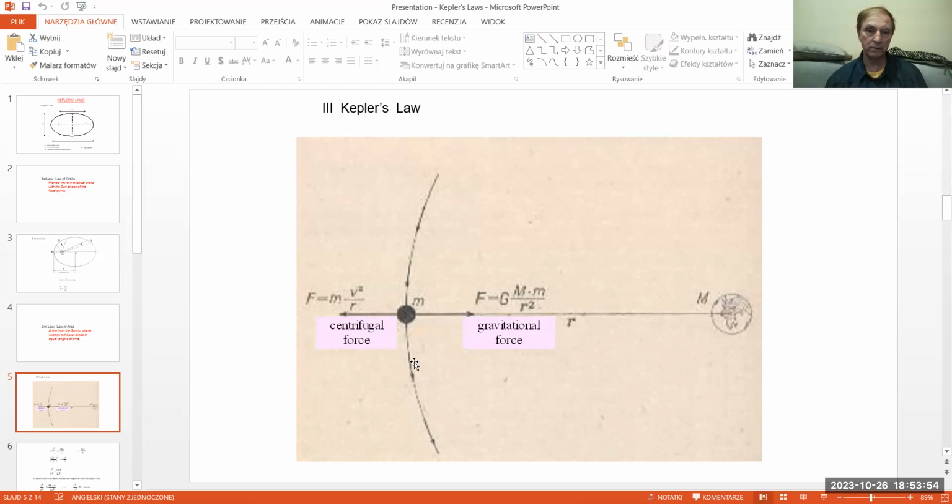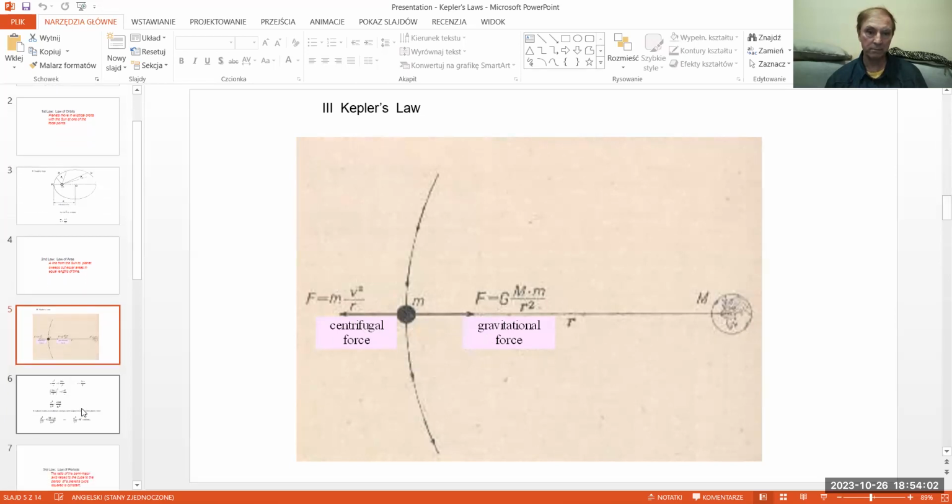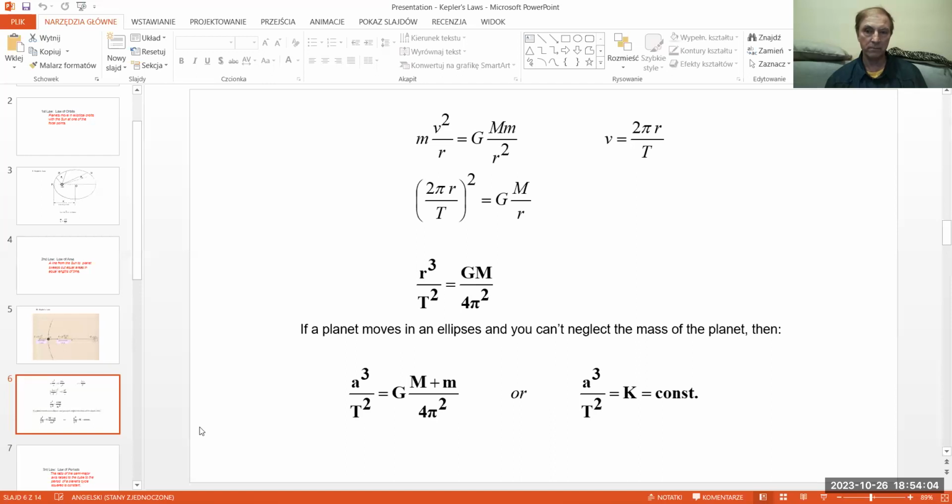And we are going to use it to calculate some quantities and their relationship. I mean, first of all, the period of this motion and the radius, or if we are speaking about ellipses, which is the case, then instead of radius we have the semi-major axis.